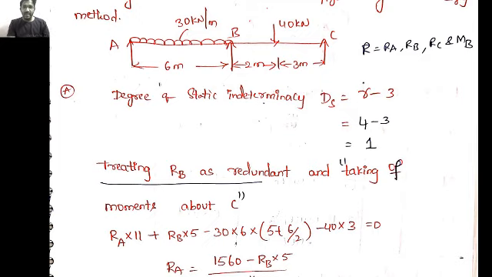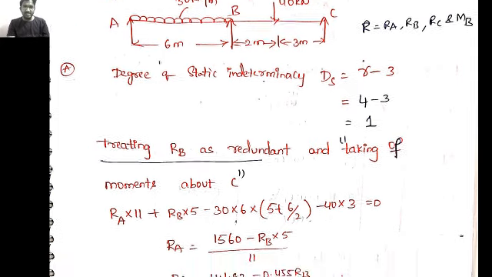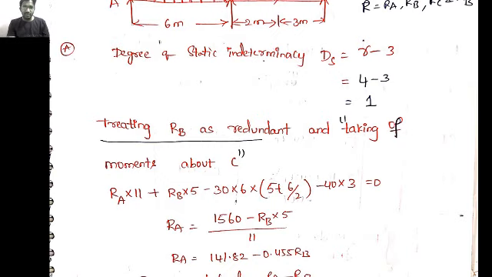And minus 40 into 3, an anti-clockwise load. The uniformly distributed load is also anti-clockwise, so that's why I wrote minus. 40 into 3 is equal to 0. Separate RA, and make the equation all in terms of RB only. So RA equals 141.82 minus 0.455 RB.